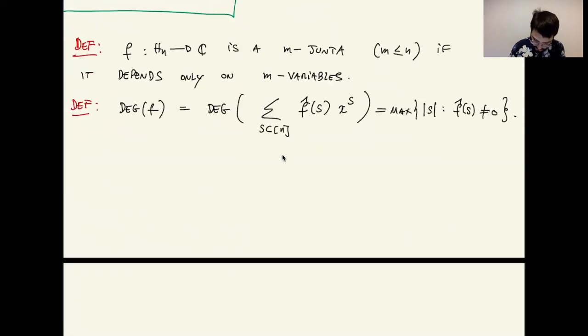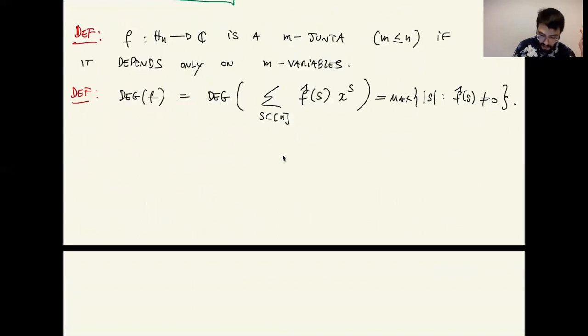And the theorem is the following. If you know that your function has a small degree, then you know that it cannot depend on many variables. However, the bound in the theorem is in some way not that good, but anyway.